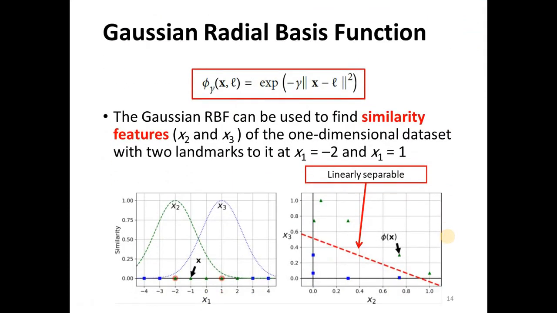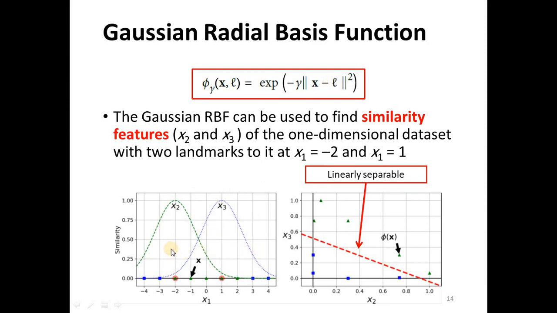Another kernel usually used in SVM is the Gaussian radial basis function. The Gaussian RBF is usually calculated using the exponent of negative constant multiplied by the distance of the features from some point.